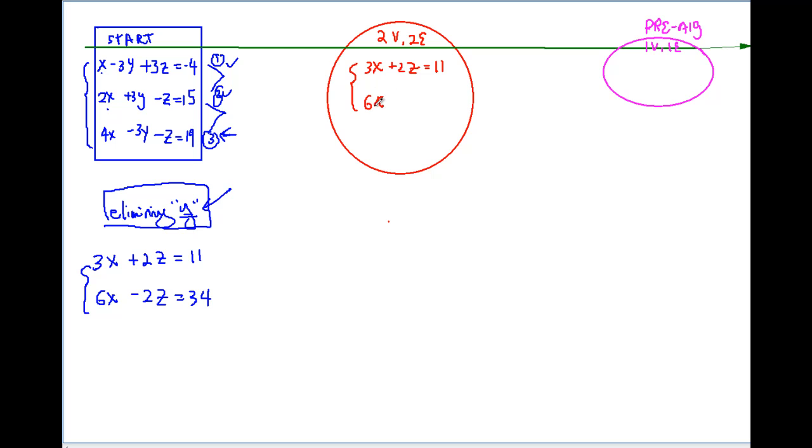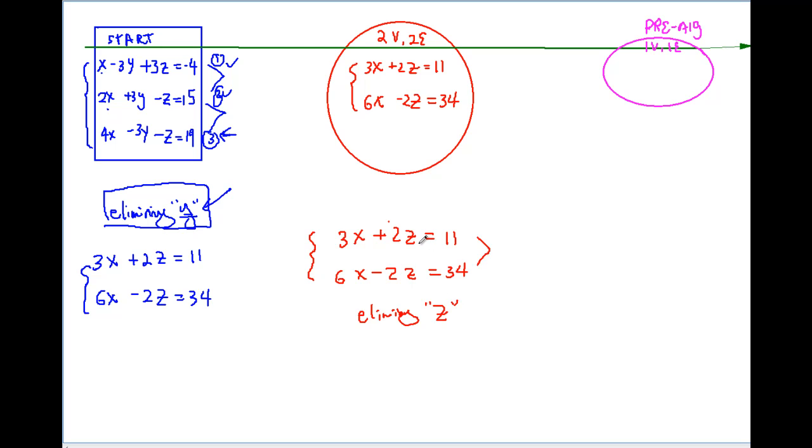The gist of it is really we are making life easier on ourselves. We've gone from 3, gone to 2 now. For those 2 variables, 2 equations, I'm going to keep on simplifying until I get to 1 variable, 1 equation that I can solve very easily. Looking at those 2 variables, 2 equations, it's not hard to see that eliminating variable z makes sense. Why is that?